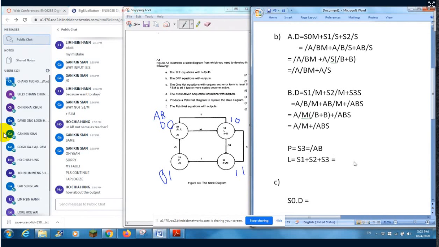Okay, so it's actually A B bar, or with A B, or with A bar B. So this one you can actually simplify.